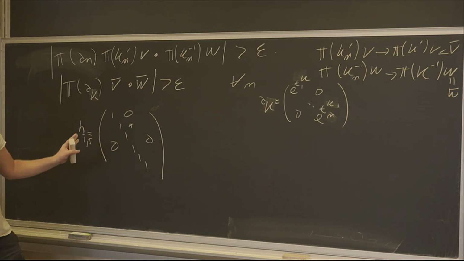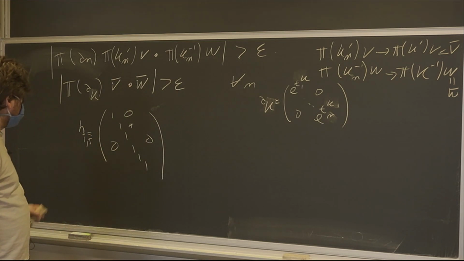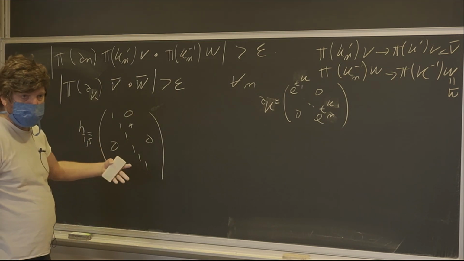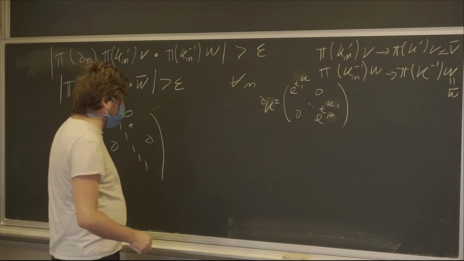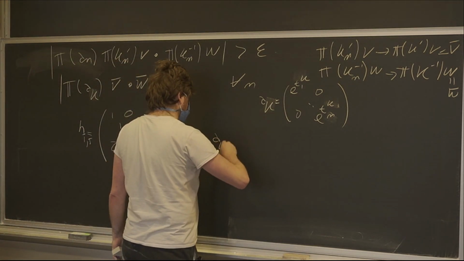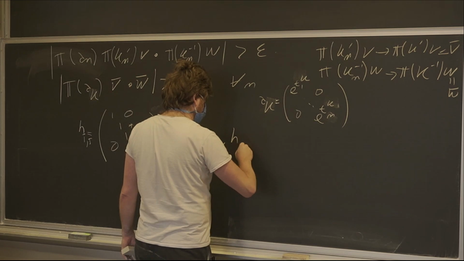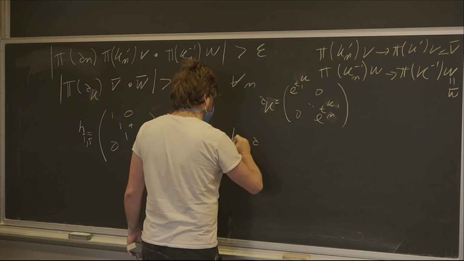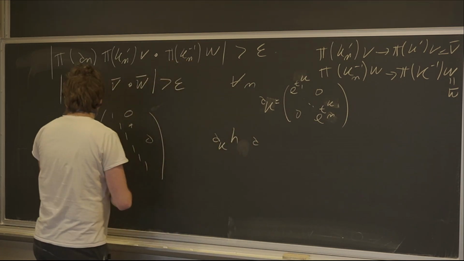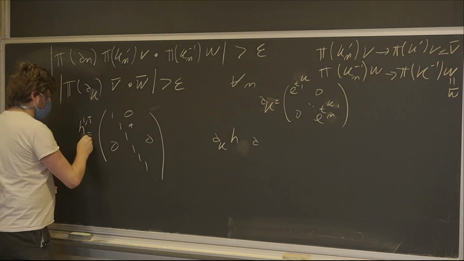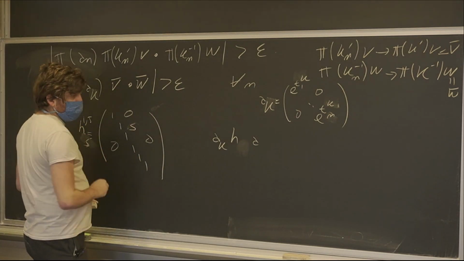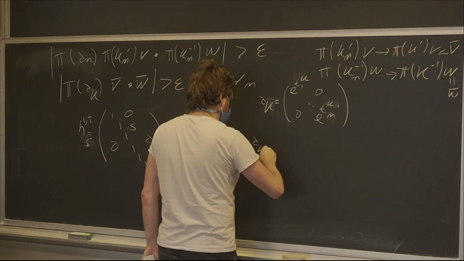These guys typically will go to the identity if I do the conjugation, if it is chosen in the right form. So I do a_k h_{ij}, and let me put the ij up above, and the subscript s.